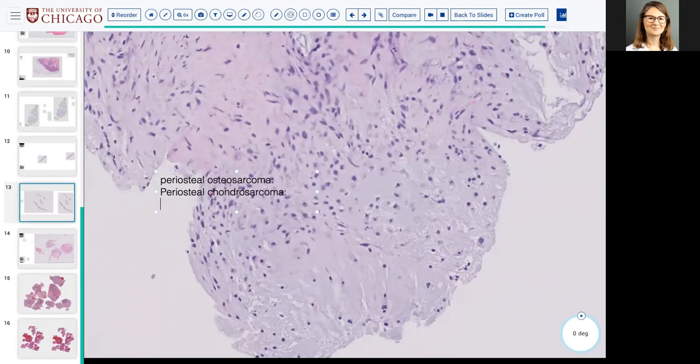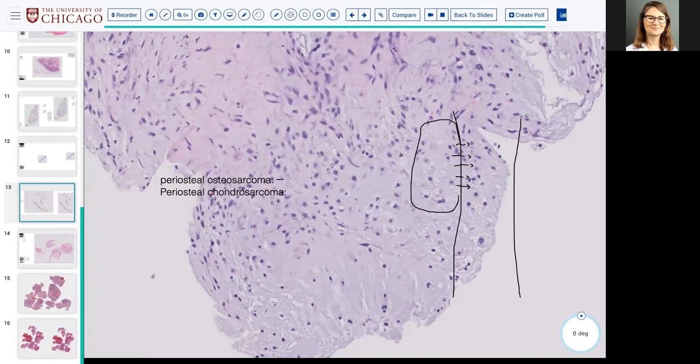So for the periosteal lesions, whether they be osteosarcs or chondrosarcs, you want to see an attachment to the outer surface of the periosteum. Let me see if I can draw here. If this is the bone, these are primarily based out here, with generally minimal extension into the underlying cortical bone, but centered on the periosteum.